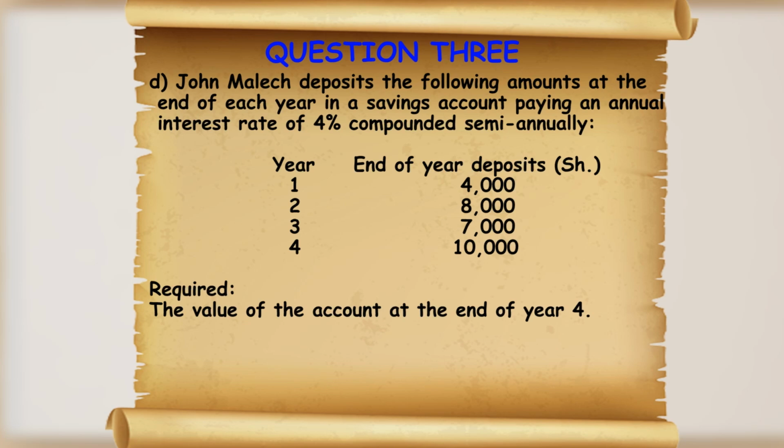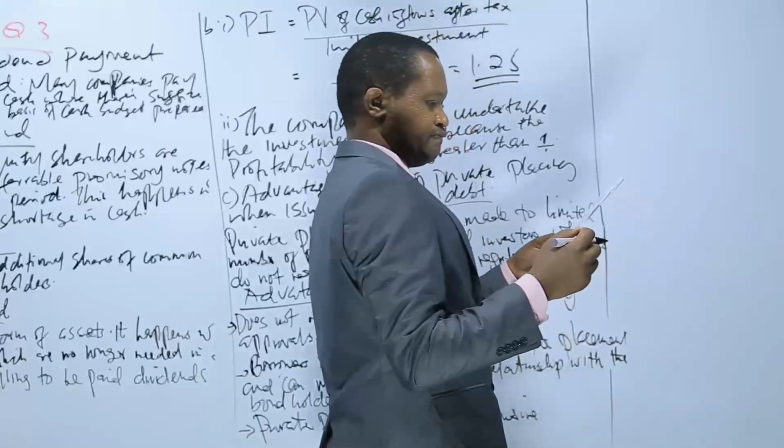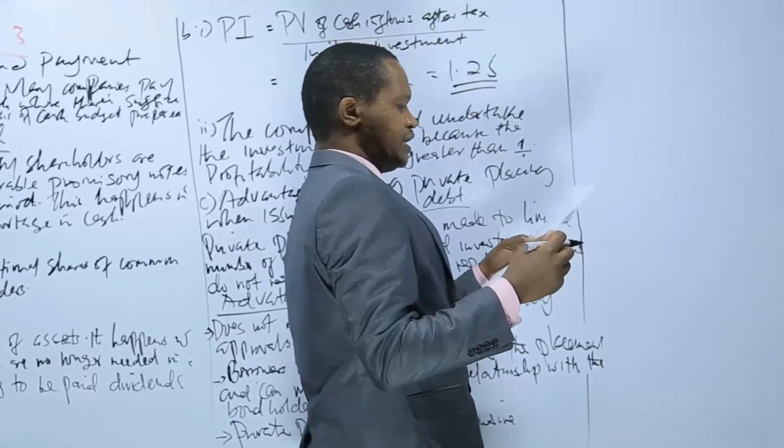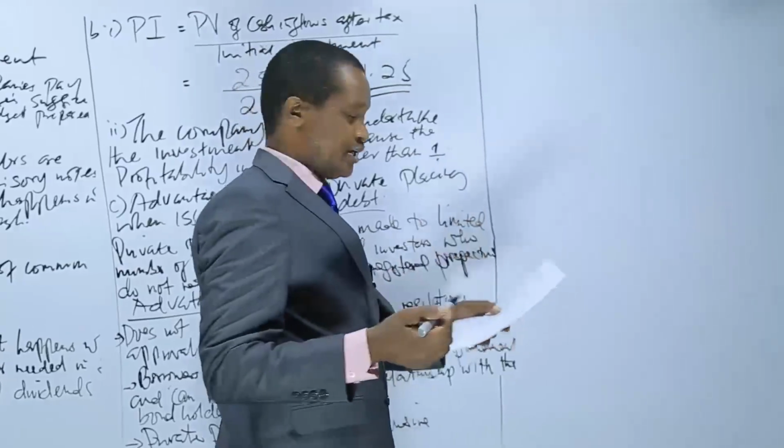So how much did Malech have in his account at the end of year 4? The question says that interest is compounded semi-annually, and the annual interest rate is 4%.